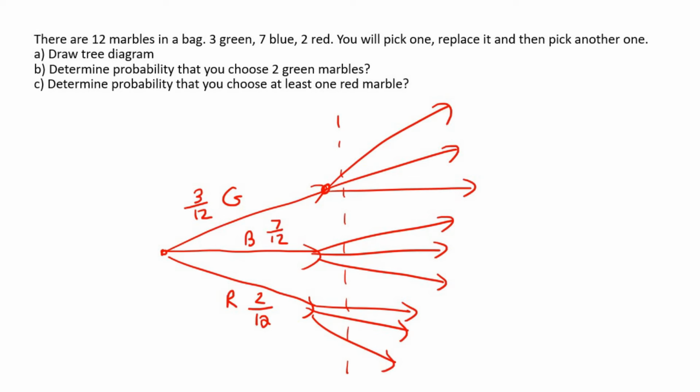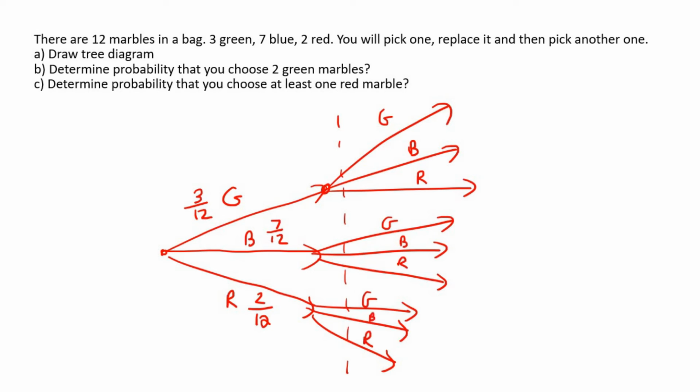You could have, if you really wanted to, said green, green, green, blue, blue, blue, up to 7, and then done the reds. You can do it that way, but trust me, it's not going to look pretty. So that's going to be green again, blue again, red again.